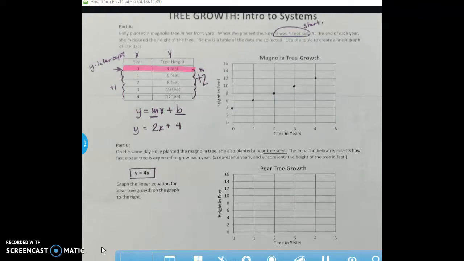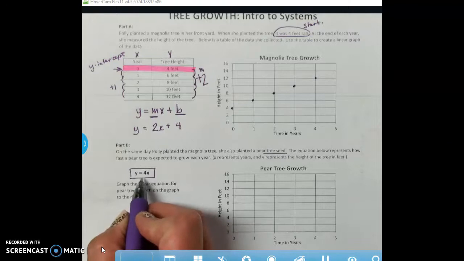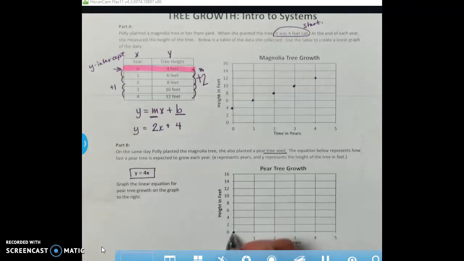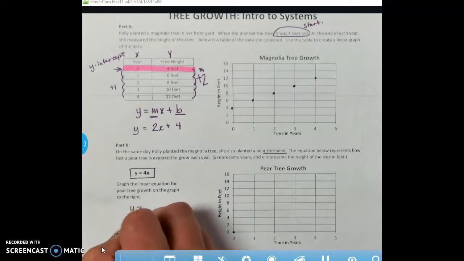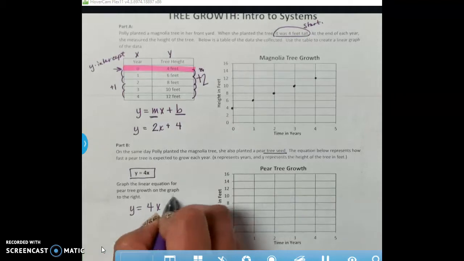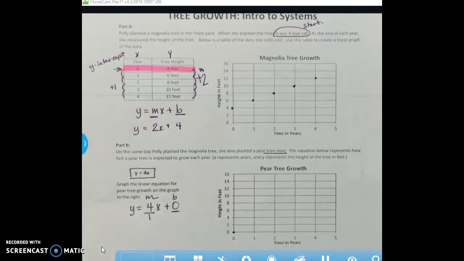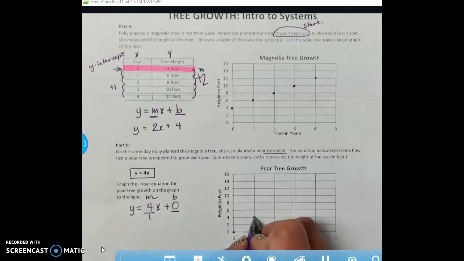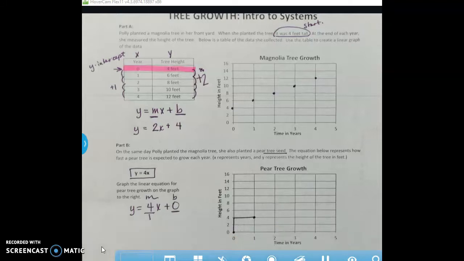How do we graph this? Well, this is a proportional graph, so we're going to begin at 0. I'm going to give myself a little bit more space. This is going to be our b value. We know this is m. That would be 4 over 1.